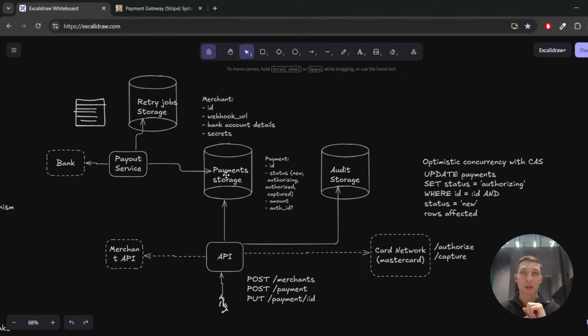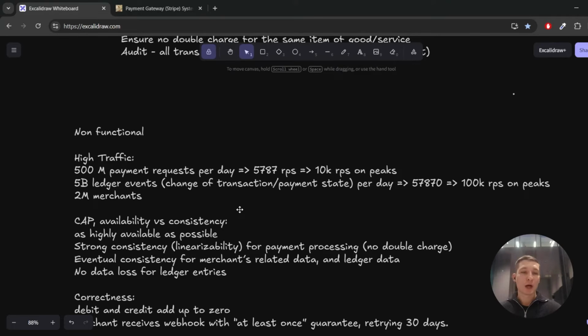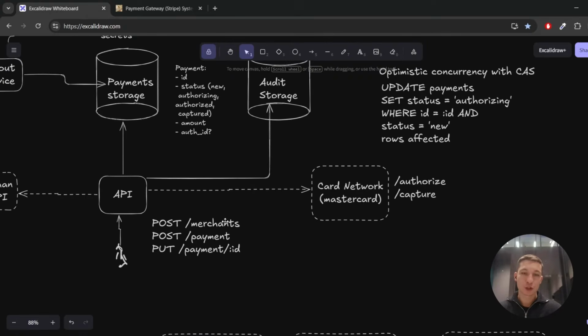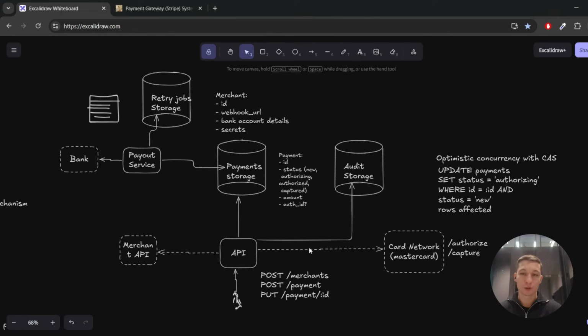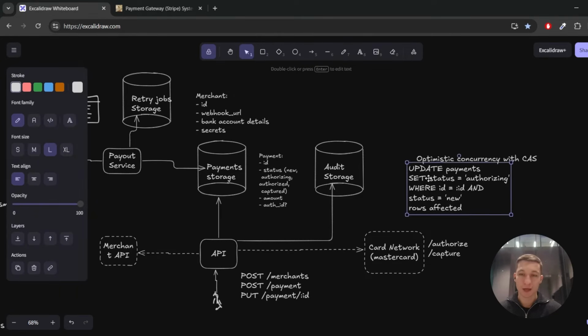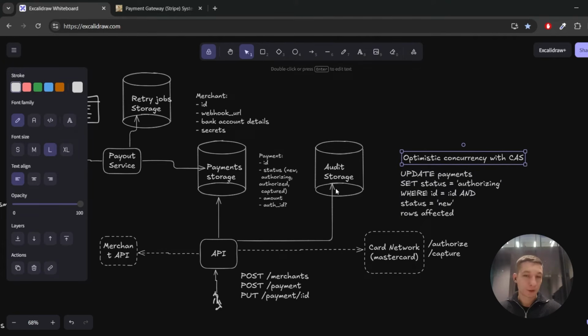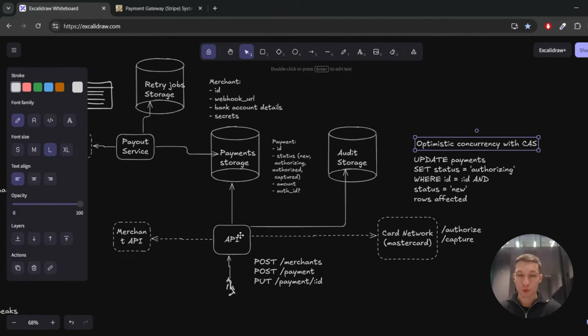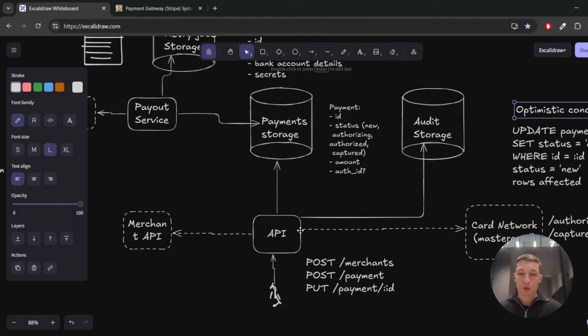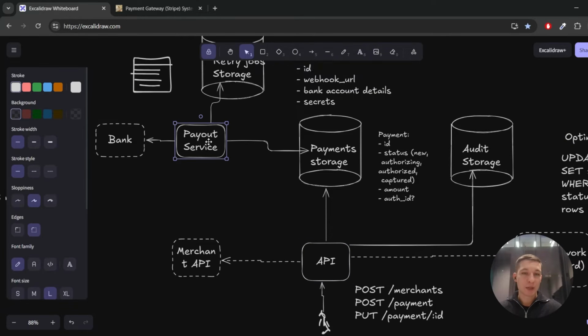It will work. And now we are going to proceed with non-functional requirements to actually scale it, to add availability and stuff like that. So how do we handle high traffic? Actually, the common practice for handling more traffic than you actually have right now is sharding for storages and replication for computes. So first of all, let's handle the computes. Among them, we have the API and payout service.